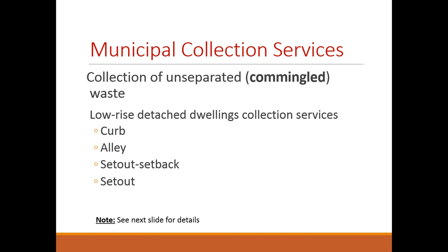So when we're looking at the collection of this commingled waste, bear in mind that you're talking about all those various types of waste that would normally be generated in municipal environments.